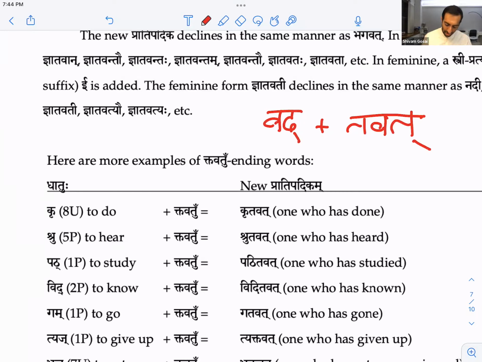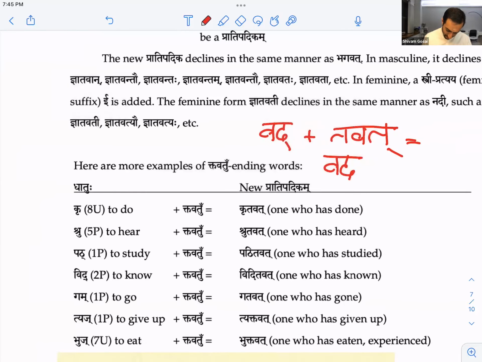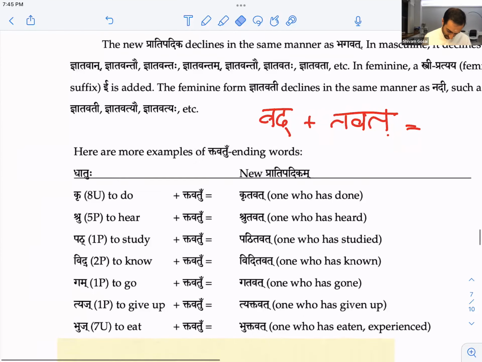Now if I wanted to make it, vad... we have to do... vadat, we have to give this half. Vadat, no, this is not gonna work. Sorry, one second. I think there's a special change for this one also. Let me just make sure.